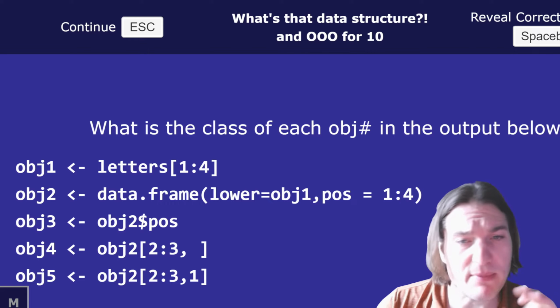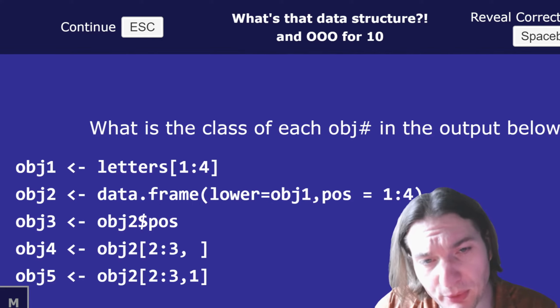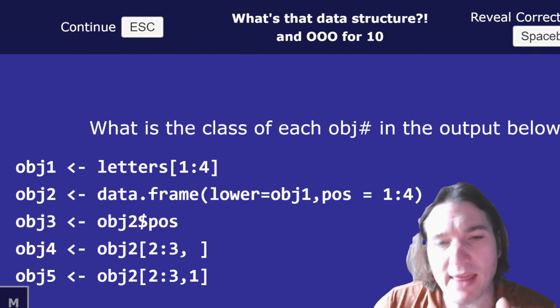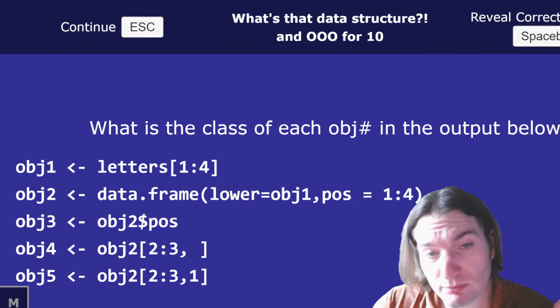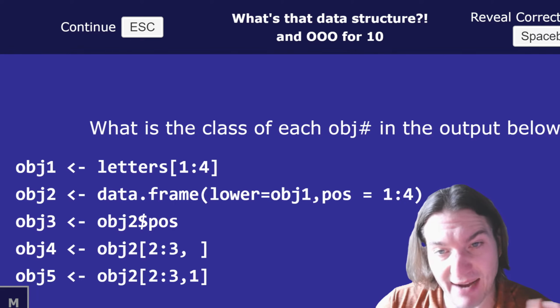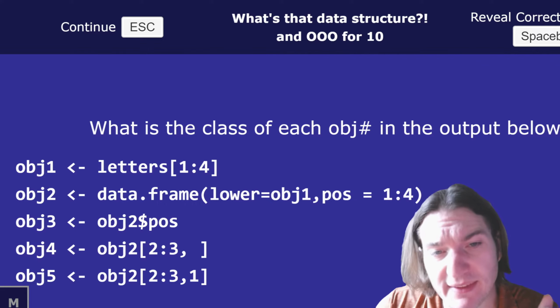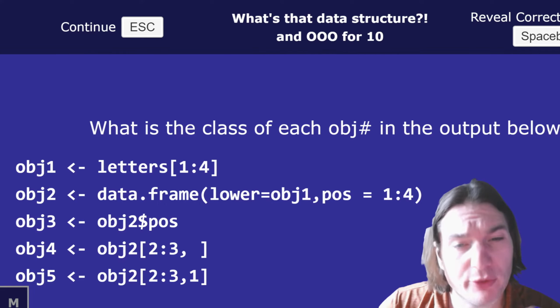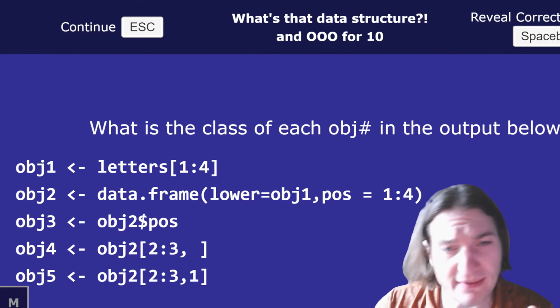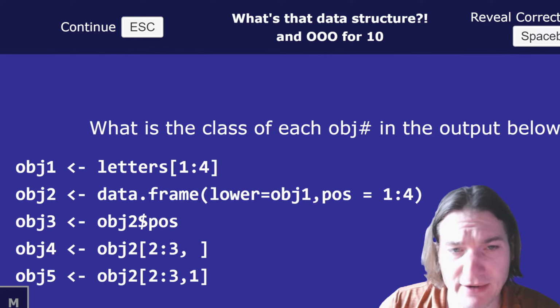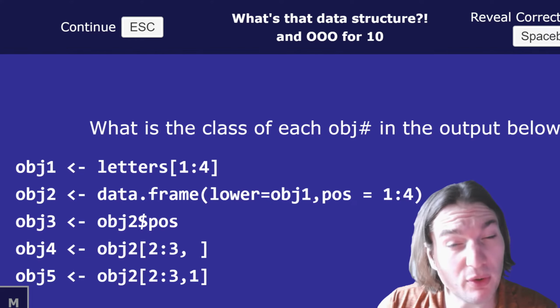Object 2 then being extracted across rows 2 through 3, so 2 and 3, and then columns all. That's what blank after a comma or before a comma means inside of the square bracket tool. So across all columns means that it's going to remain a data frame. And so object 4 is a data frame.